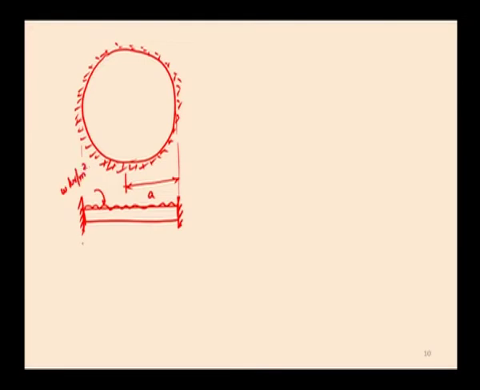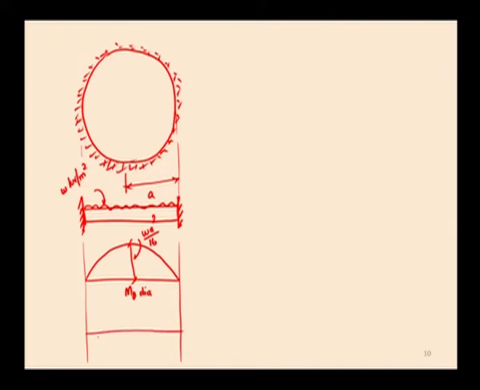Now, what is the radial as well as the circumferential moment? Here the circumferential moment at the edge of the slab is 0 and the circumferential moment at the center of the slab is W a squared by 16. This is the M theta diagram. Since it is a fixed slab, there is a moment at the edges.